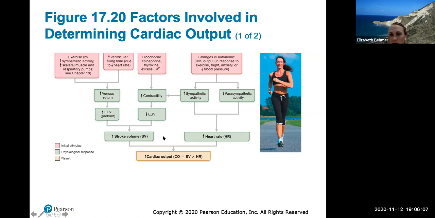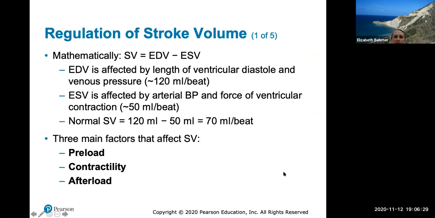That'll also increase stroke volume. Things that'll increase heart rate are changes in your autonomic nervous system. So your fight or flight response, exercise, anxiety, a decrease in blood pressure. Sympathetic activity will increase the heart rate, and parasympathetic activity will decrease the heart rate.